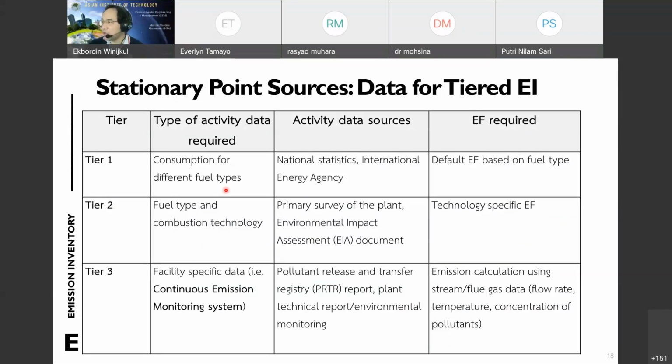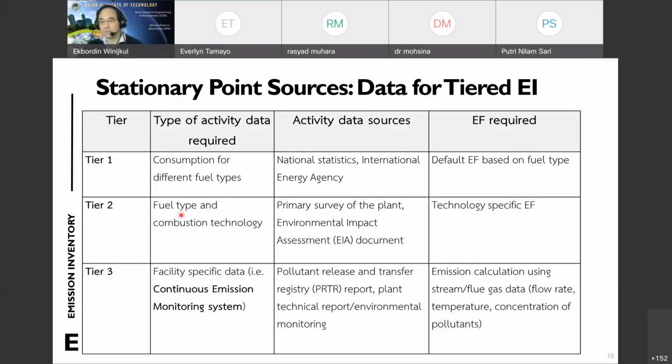And then the emission factor is going to be a default emission factor that is only based on the fuel type. For example, how much particulate matter comes out by burning 1 kilogram of coal, something like that. And then if we go higher to the second tier, now we have technology included, right?